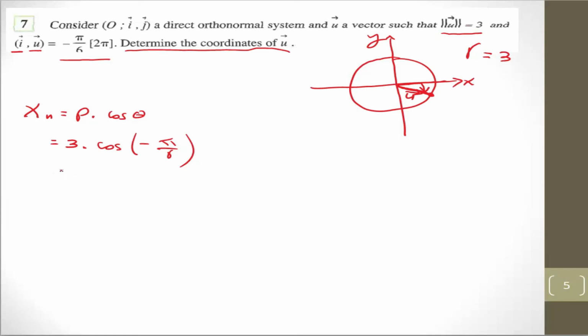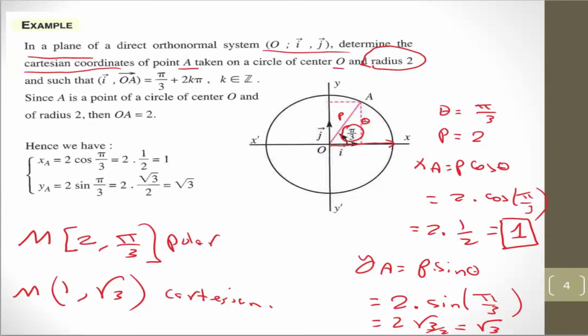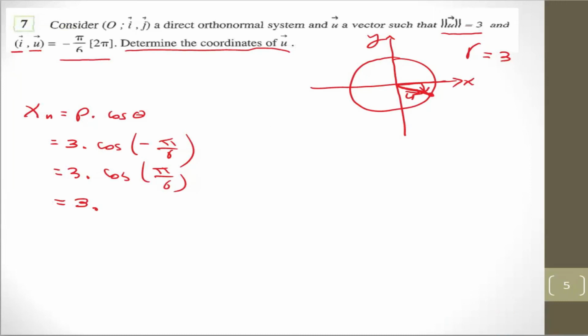So it is equal to 3 times cosine pi over 6, since cosine of minus pi over 6 equals cosine pi over 6. You can use your calculator here to calculate. Cosine pi over 6 is radical 3 over 2.